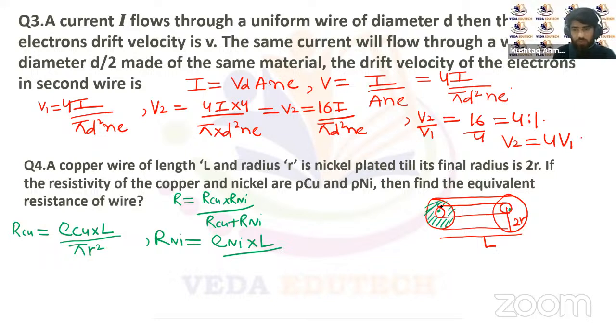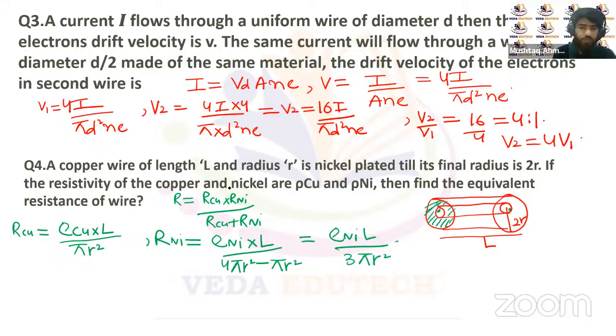That will be the total area of cross section, 4 pi r square, minus the area of cross section of this copper wire, that's pi r square. So the final resistance of this nickel wire will be rho nickel L upon 3 pi r square.